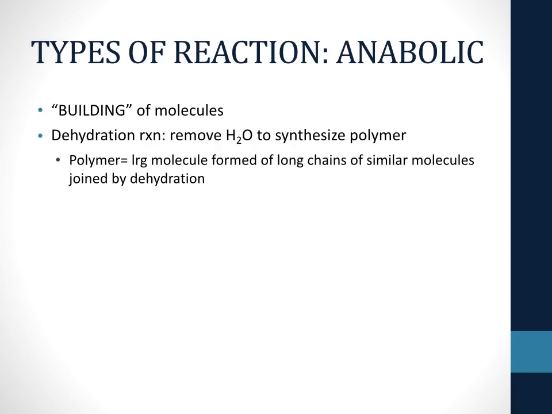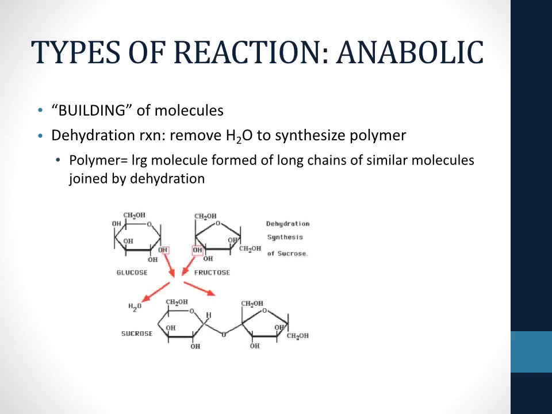So, what are the various types of reactions that we have to worry about in terms of the sum total of reactions? Well, the first one is referred to as an anabolic reaction. Anabolism, or anabolic reaction, is the building reaction. In chemistry class, we refer to this type of reaction as a synthesis reaction.